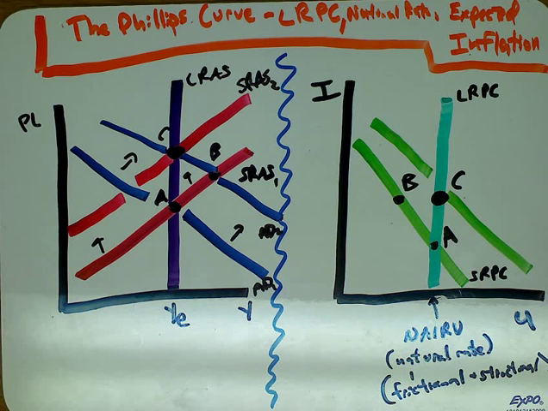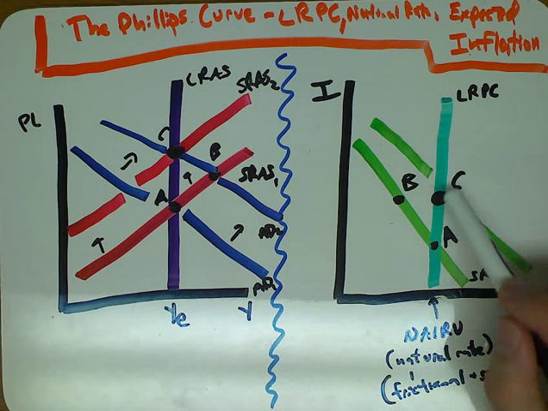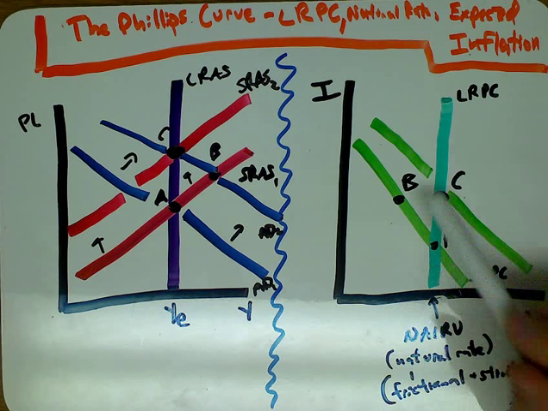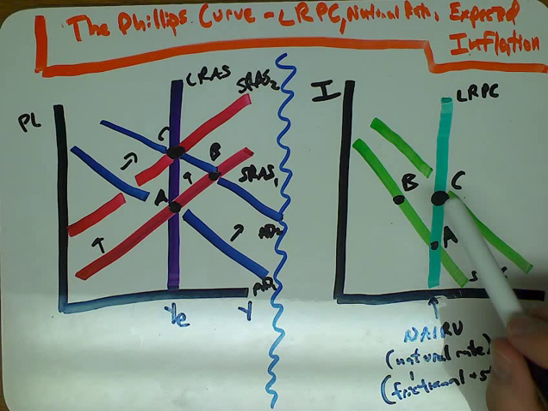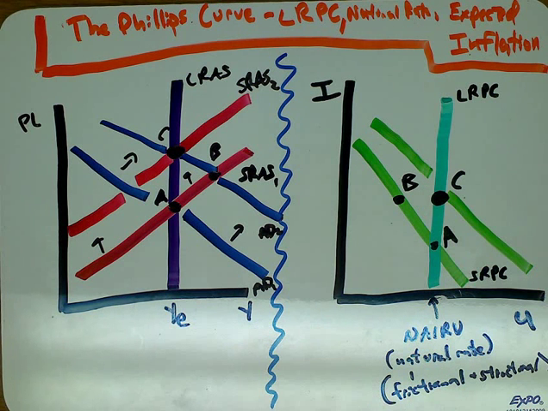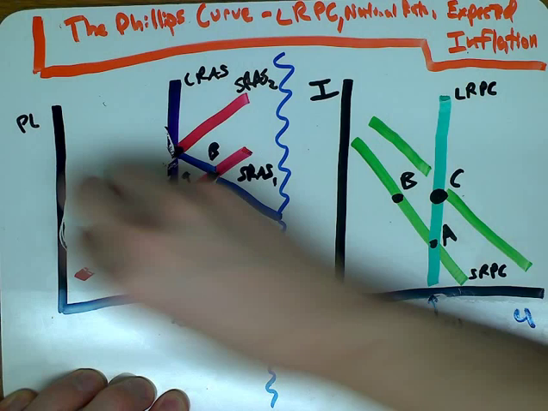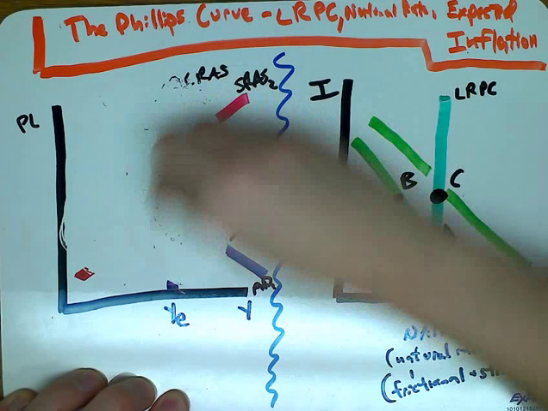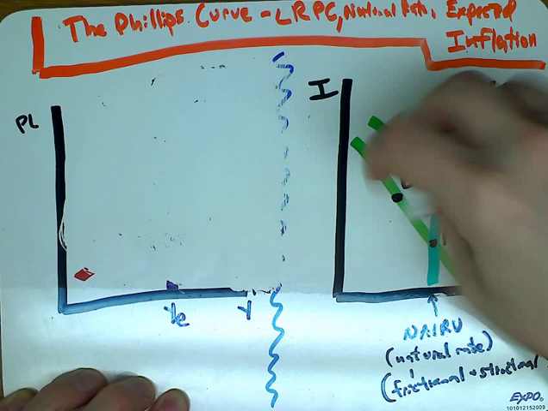This is a hypothesis put forth by Milton Friedman that in the long run, what prevails is the natural rate of unemployment. And the only way to improve the situation of unemployment is to move the long run aggregate supply curve. So if we go back and we just check out the two long runs, you'll see the same mirrored relationship.